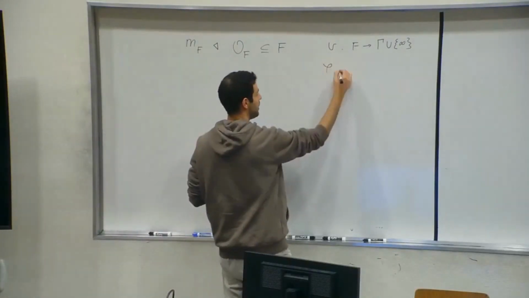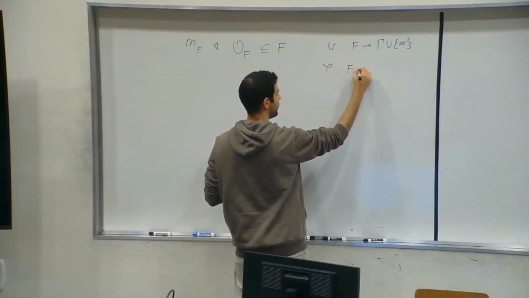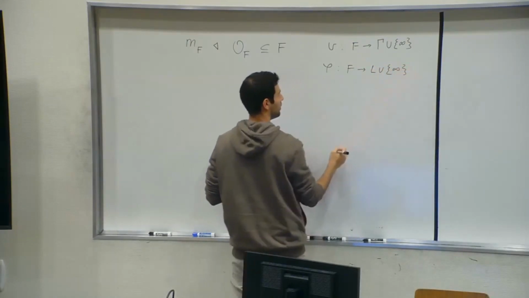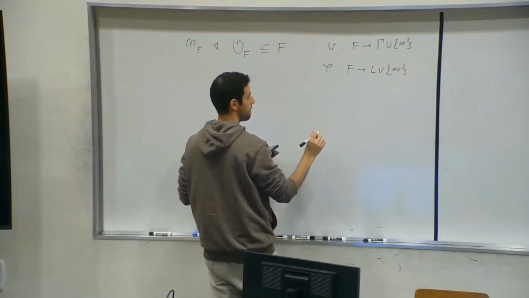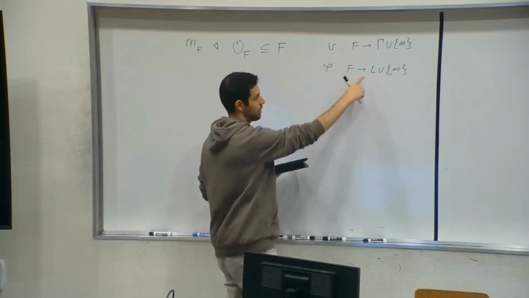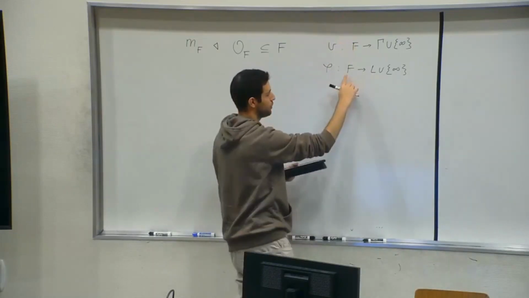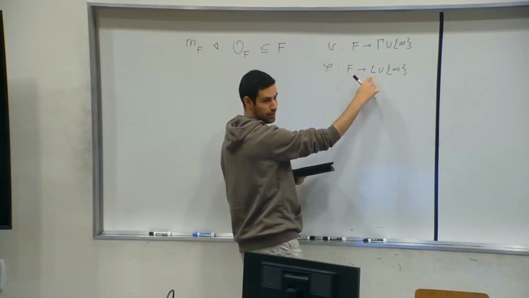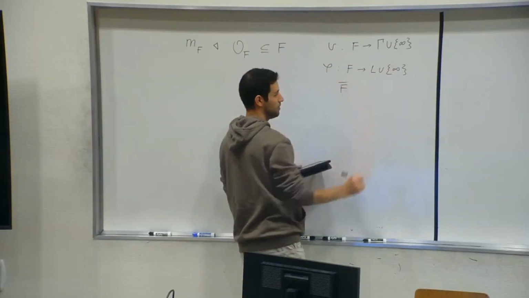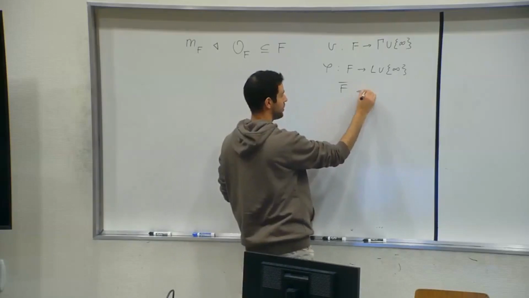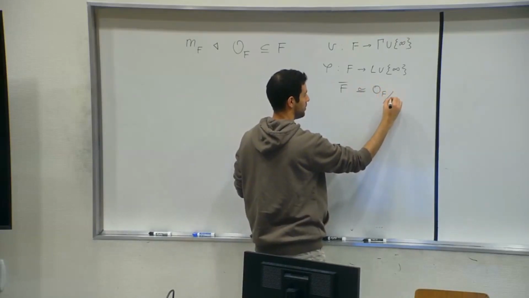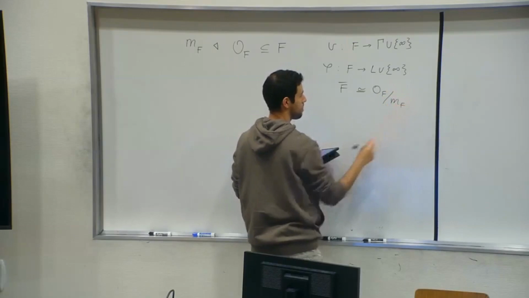So if we take a corresponding place from F to L and infinity, L can be large, but if we're only interested in the image of F inside L, without the infinity, then it is F bar, and it is just O_F mod M_F.